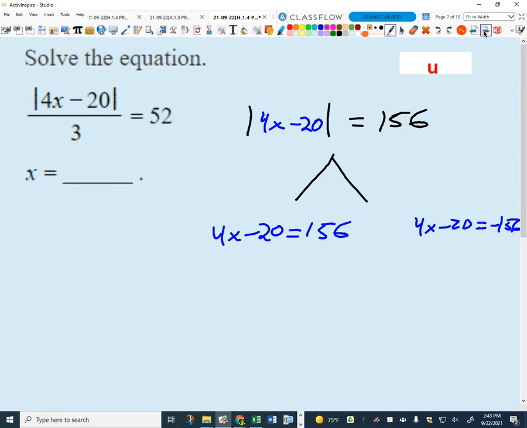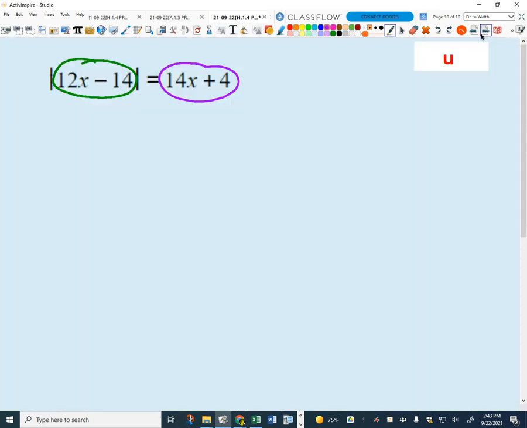Okay, well, let's apply that. So here then, whatever's inside the absolute value bars, which is my green, we'll kind of color code this a little bit.